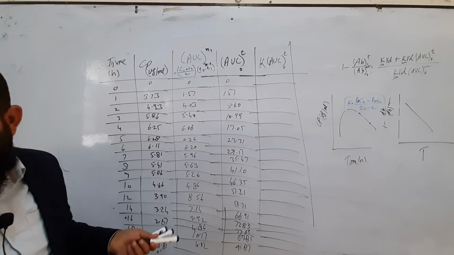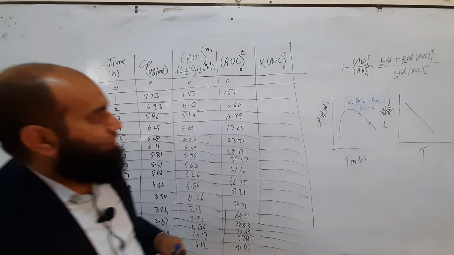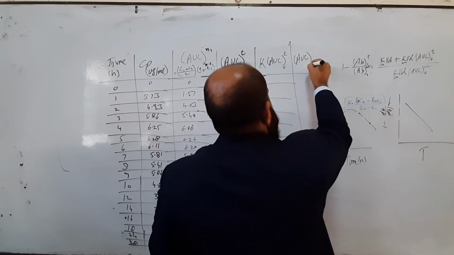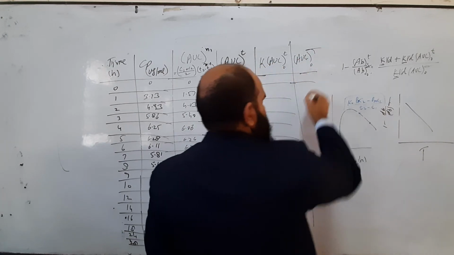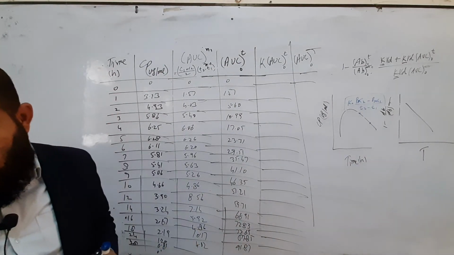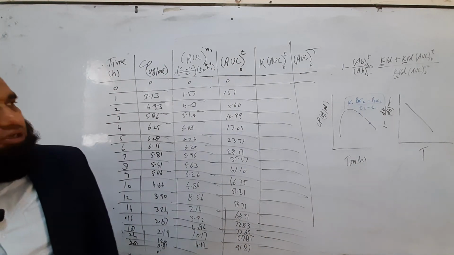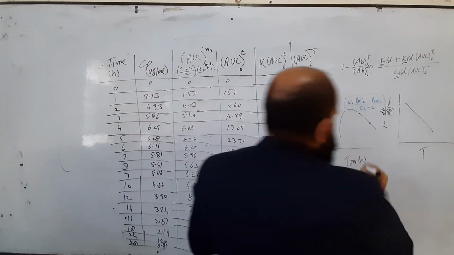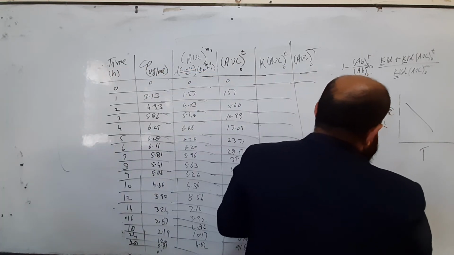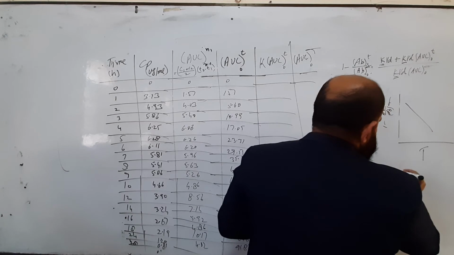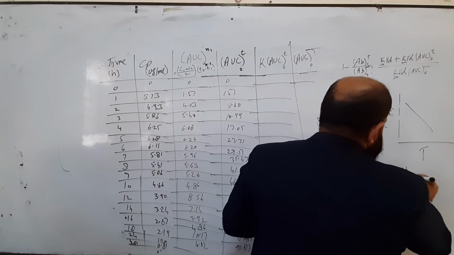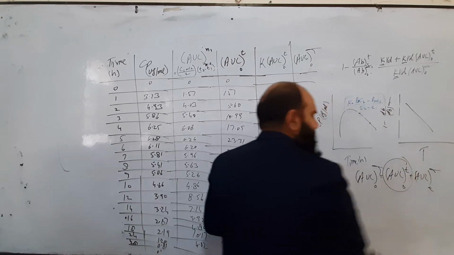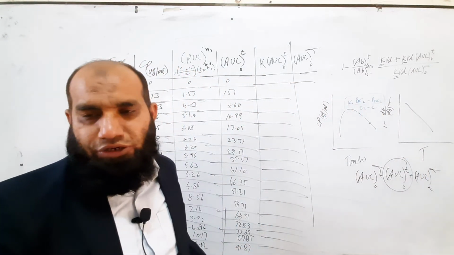Okay, we can calculate. Then we will make another column, AUC 0 to infinity. In case of AUC 0 to infinity, we have to do AUC 0 to T plus AUC T to infinity. We have the first value, but from where do we get AUC T to infinity?